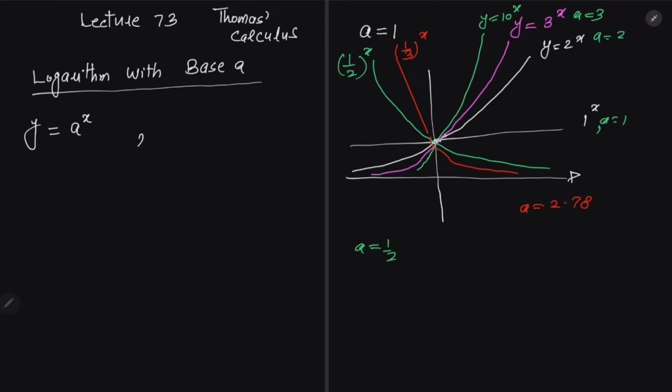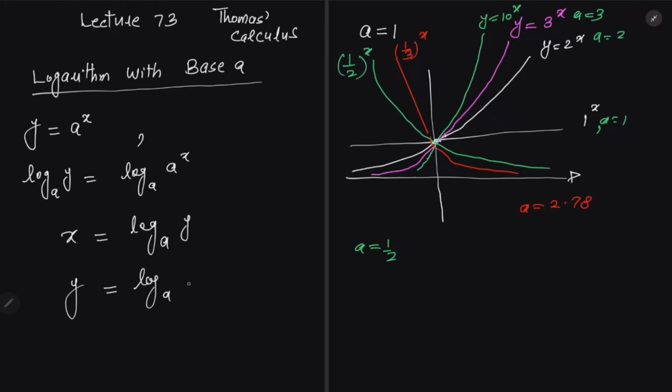We take a log with base a on both sides, log a of a raised to power x. What is the reason? We want to find the x over here. So x will be equal to log of y with base a, and if you replace x and y together, x becomes y and y becomes x.